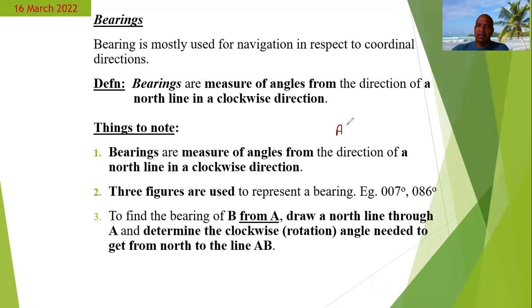So it means then we would have to draw a north line to the point A because A comes after the word from. Now, our north line is generally a broken line in terms of a dotted line, but in this case, I'm just using a solid line just for illustration purposes, all right?